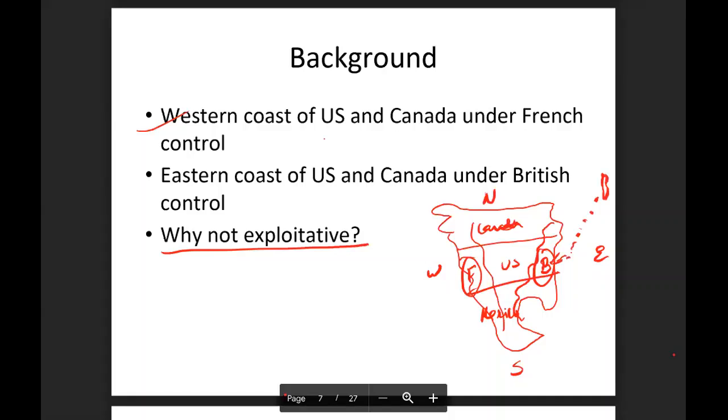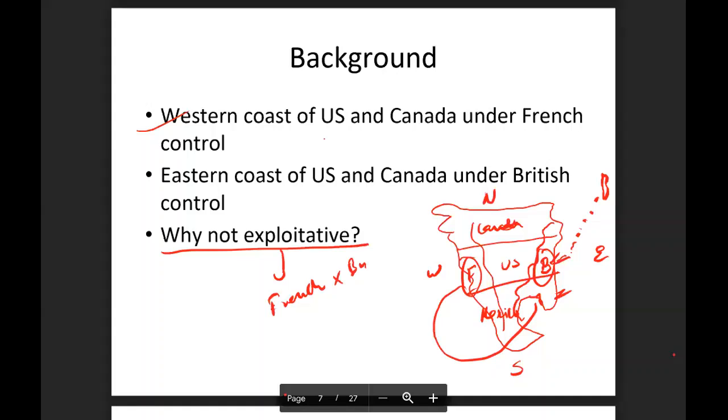They were not exploitative. The reason is the French. They were scared that if they exploited this eastern coast or area which they colonized, the French would come and help the Native Americans. In India, nobody came to help us. No big power was there during that time that could come and help India. But America had people. The French and Britain were always in rivalry.